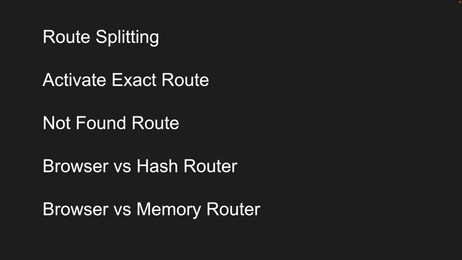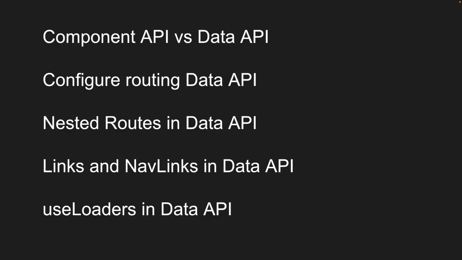After completing all the traditional approaches, we came up with a new approach called data APIs. Here we spoke about traditional API versus data API. The component API is also considered a traditional API, where we use browser router, hash router, and memory router as an HTML component.